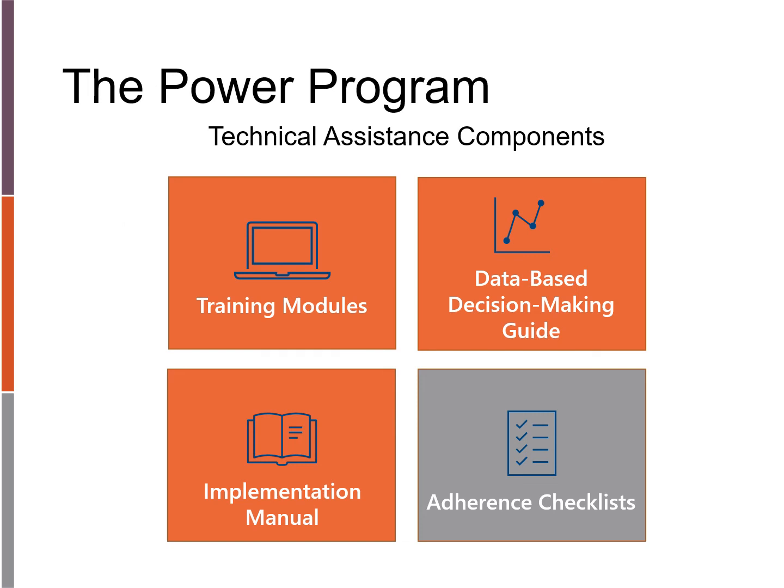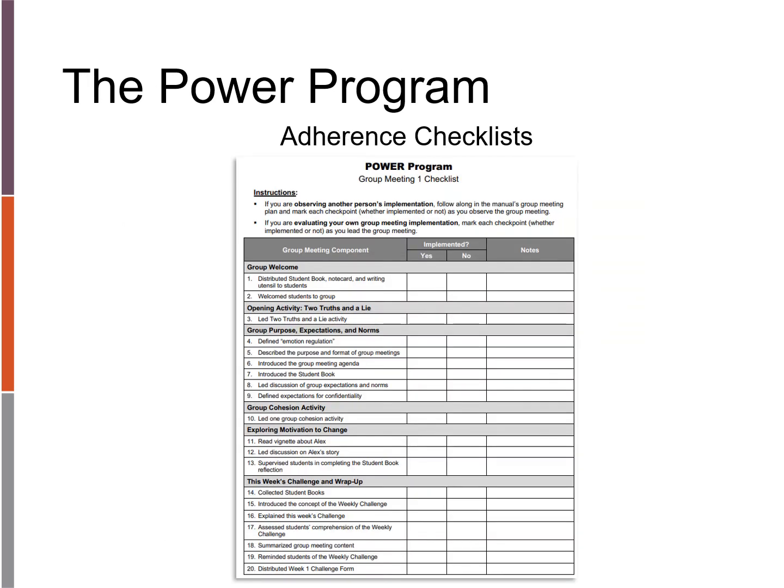The final technical assistance component is adherence checklists. The POWER program incorporates various empirically supported techniques that are strategically grouped and sequenced to promote student outcomes. When these techniques are not implemented as intended, the POWER program may be less effective or not effective at all.